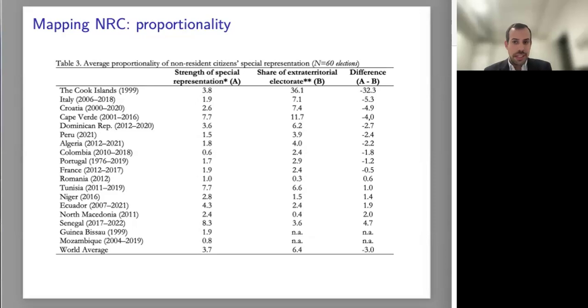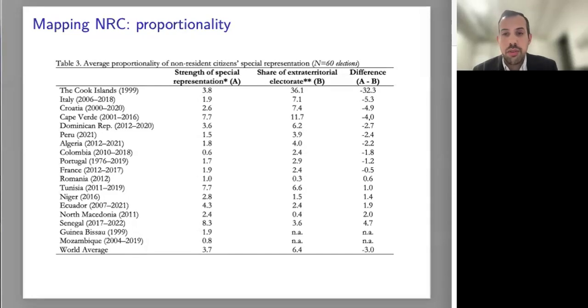Positive differences indicate overrepresentation of external citizens compared to domestic ones, for instance the cases of Romania, Tunisia, Niger, Ecuador, North Macedonia, Senegal, and so on. While negative differences indicate underrepresentation. So on average, most cases are on underrepresentation.